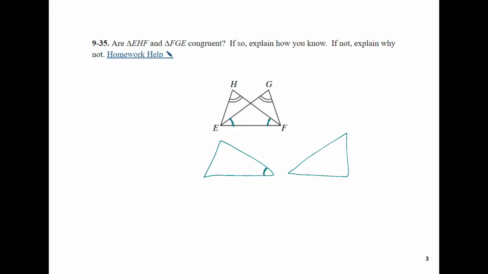They told us angle E is congruent to angle F. They also told us angle G is congruent to angle H. We then know that the base is congruent as well because it is a shared side. So by angle, angle, side congruence, we can say yes, they are.